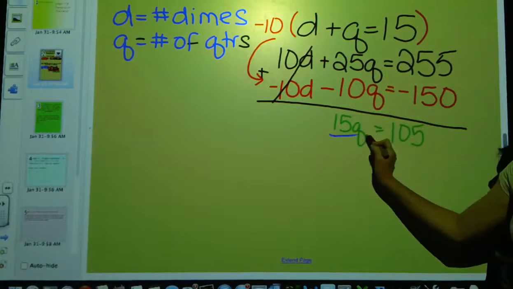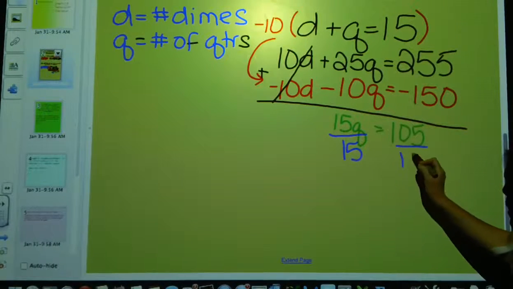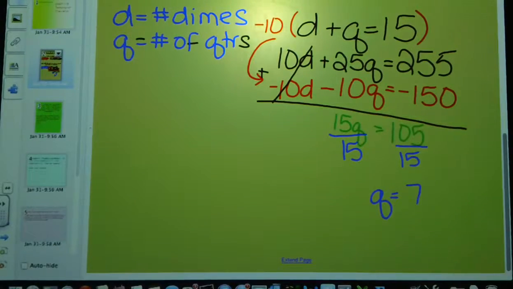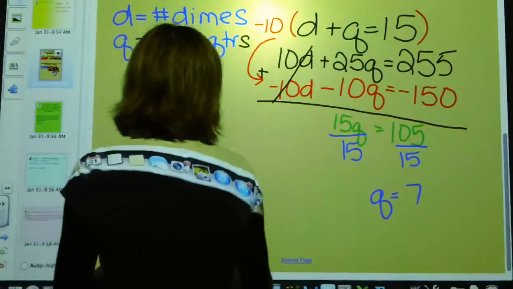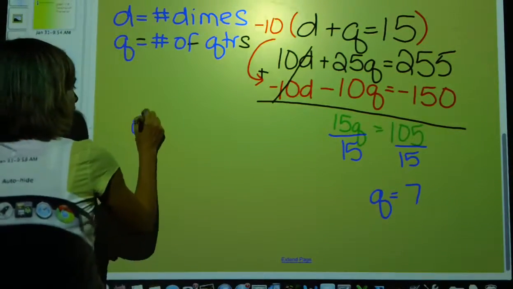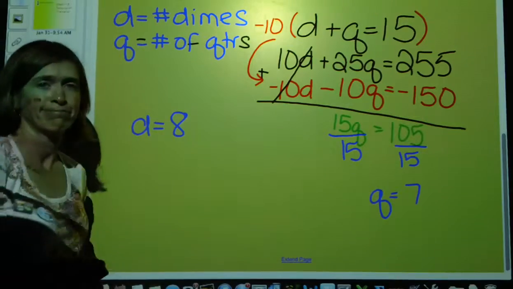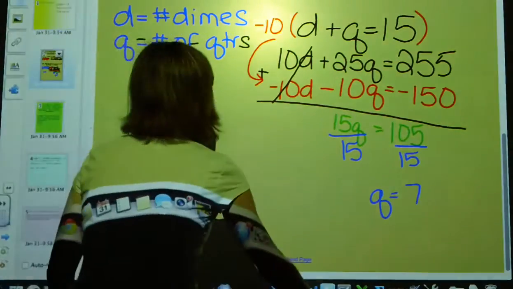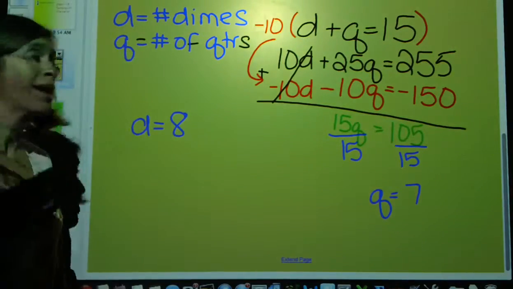All right, then I'm going to divide by 15, and I'm going to get Q equals 7. So if I have a total of 15 coins, I take my 7, I plug it back in to find D. That means I'm going to have a total of 8 dimes. Voila.